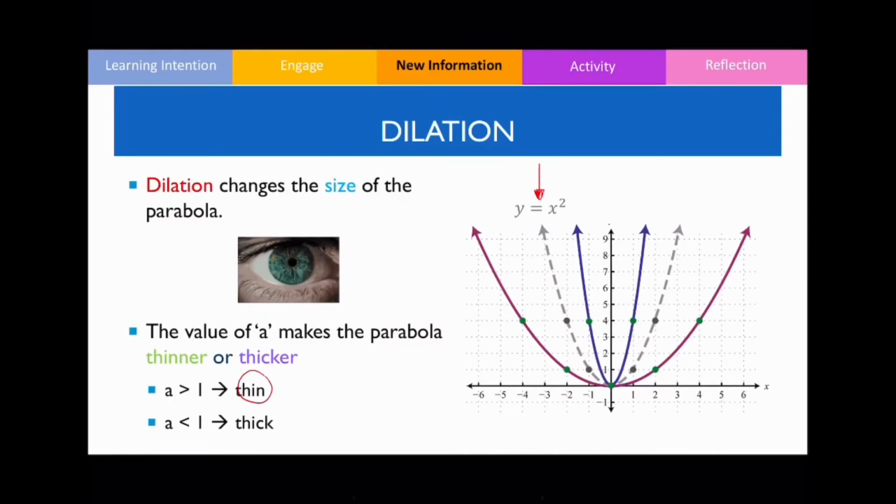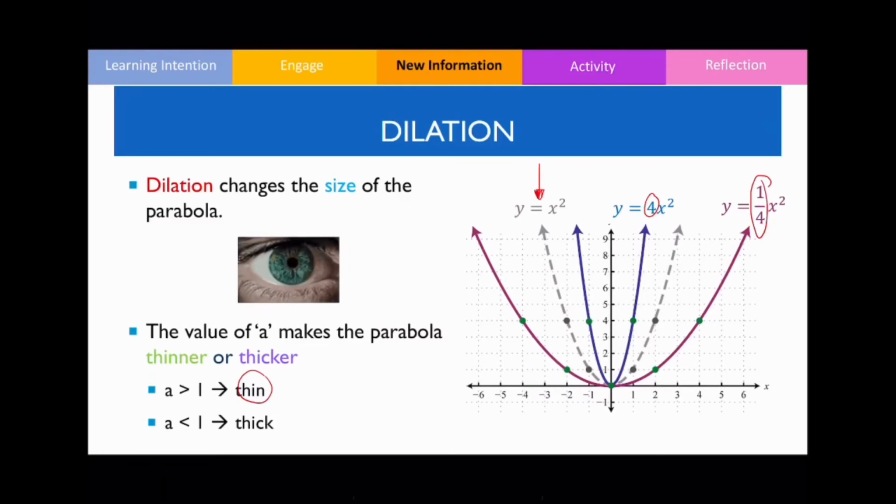Notice the blue graph, where you've got a value bigger than 1, a large a value, has resulted in a much thinner parabola. Conversely, when you've got an a value smaller than 1, this is going to produce a very wide parabola, and I need you to understand this. So if you've got a quarter, then you're going to get a much wider, much thicker parabola.